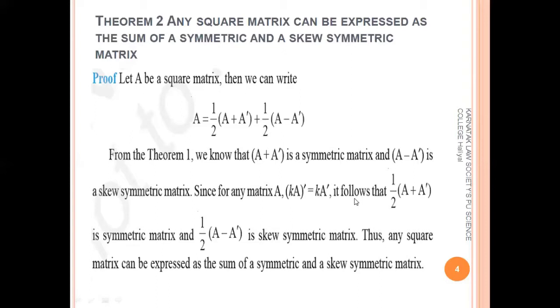Therefore, 1 by 2 A plus A dash is also a symmetric matrix, it will not alter, and 1 by 2 A minus A dash is a skew-symmetric matrix. Just write that it is symmetric and skew-symmetric. Thus any square matrix can be expressed as the sum of a symmetric and a skew-symmetric matrix.